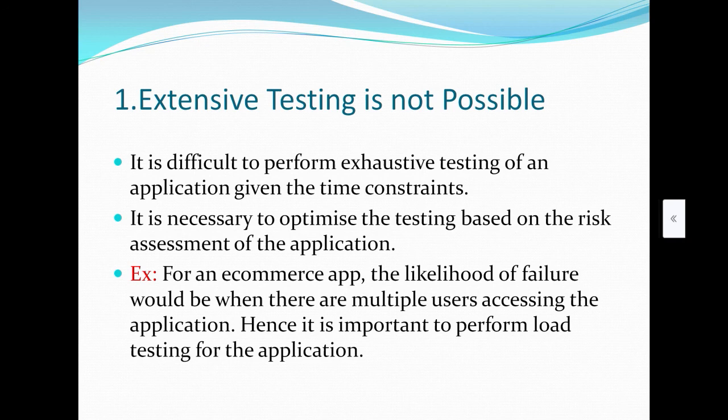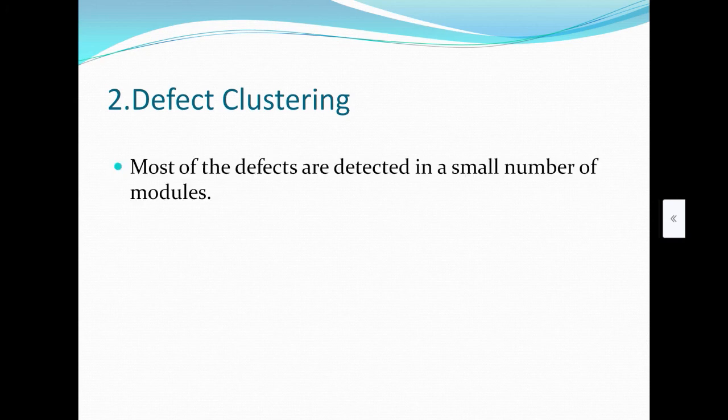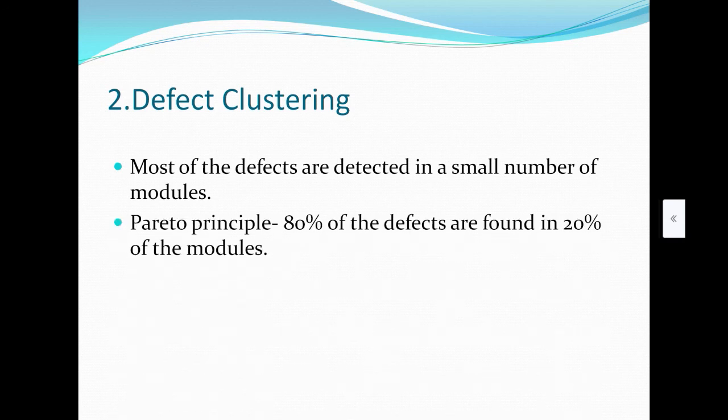So moving on to the next principle, we'll look at something called defect clustering. So what is defect clustering? It says that most of the defects are detected in a small number of modules within an application. This brings us to a very important testing terminology called the Pareto principle.